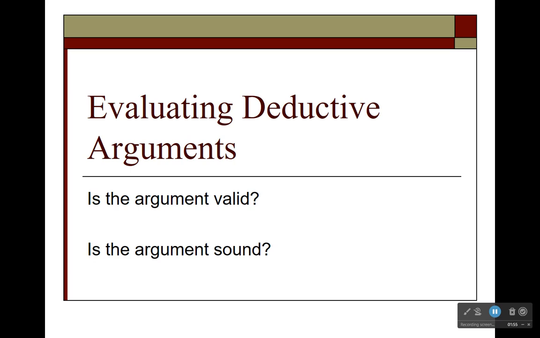Well, a basic distinction that we make in logic is the distinction between validity on the one hand and soundness on the other.